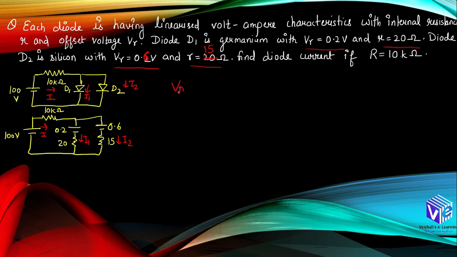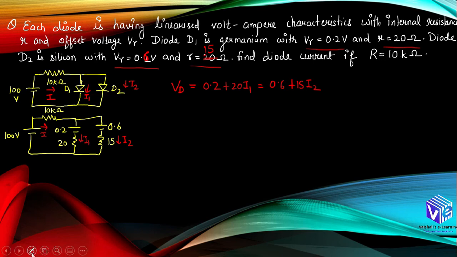So VD will be the diode voltage. These two diodes are connected in parallel, so they will have the same voltage VD, right? So here we can represent VD as 0.2 plus 20 I1 is equal to 0.6 plus 15 I2. So this is how we have represented the VD.